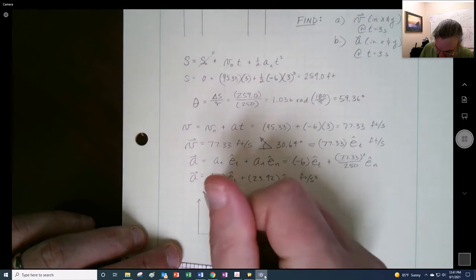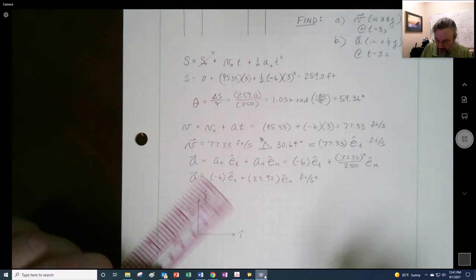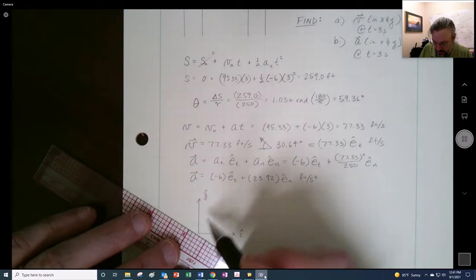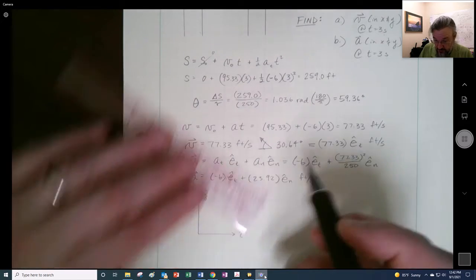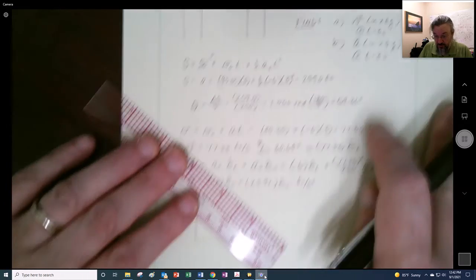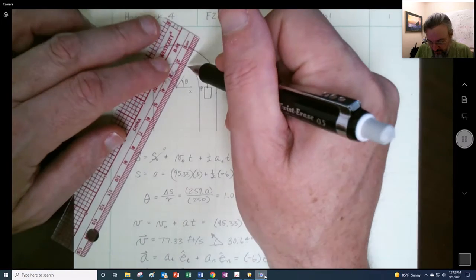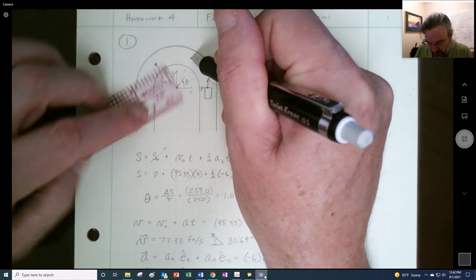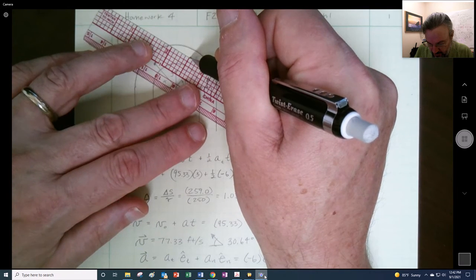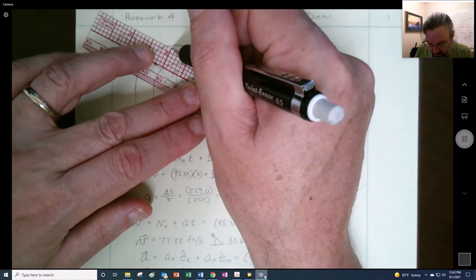So there's I, and here's J. Now, at some later point, let's even sketch it in here, even though this is part of the setup. It's going to be like this.